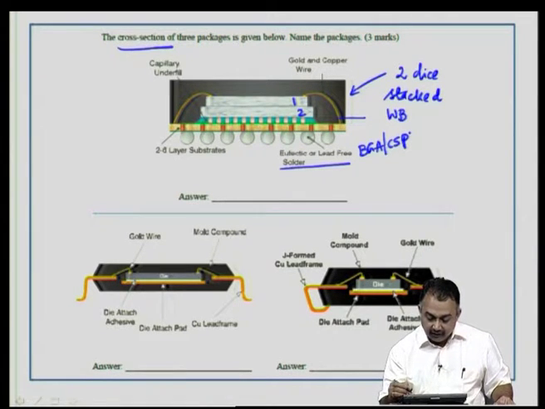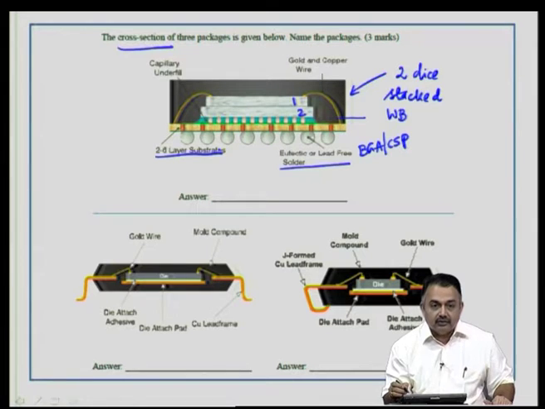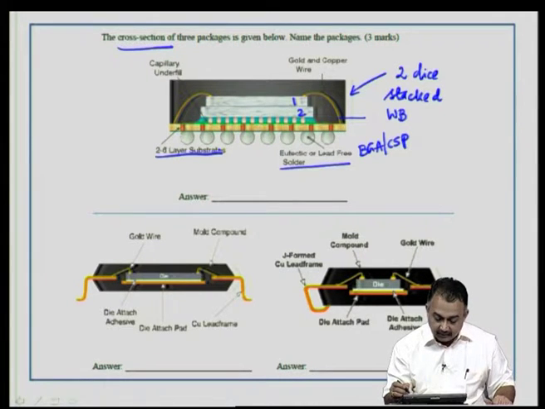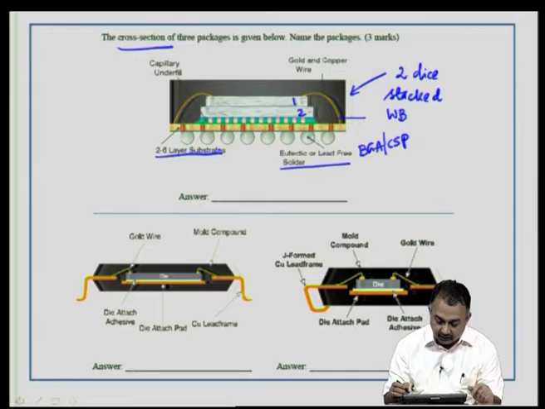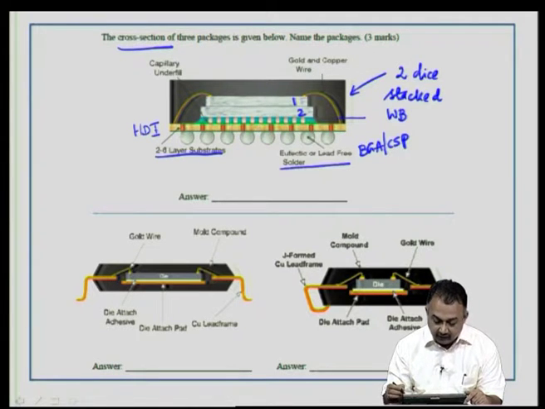From the figure it is really very difficult to find out whether it is a BGA or a CSP, but nevertheless the pitches for this kind of configuration are now well within our understanding. And you can see here in between that this is mentioned as a 2 to 6 layer organic substrate, or it could be an inorganic substrate too. What it means is there is a high density interconnect that houses this package.